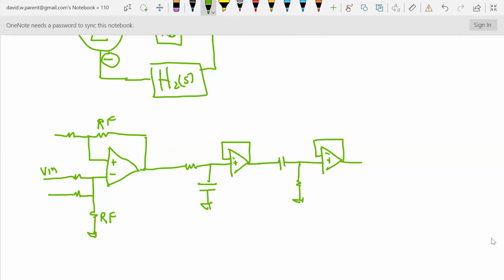Now, V out isn't here. In fact, that's V out. Remember? Because this was H1 of S. This is H2 of S. Then it goes through. Now this, but it's going to get subtracted.